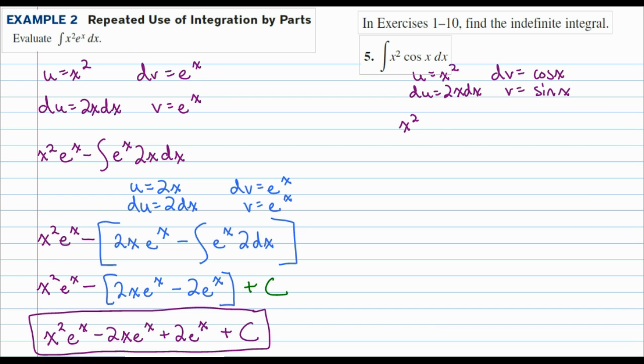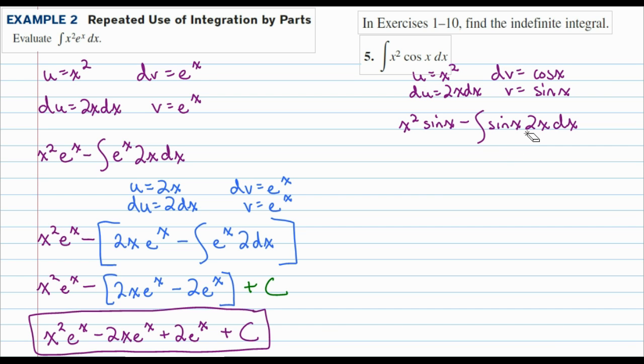There's u times v, or x squared sine of x, minus the antiderivative of v again, times du. Now again, I'm in a situation where I can't just take this antiderivative. I've got sine of x and 2x, which are both functions of x being multiplied together. It's not just like I have a coefficient of 2 that I can put outside the antiderivative. So I'm going to have to use integration by parts again.